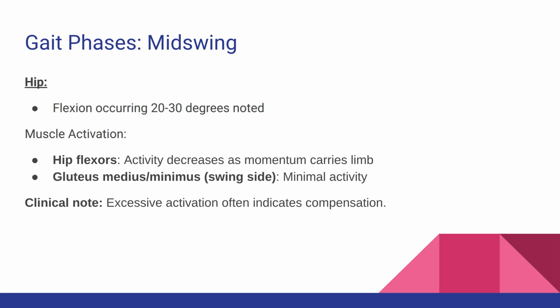There's minimal activity from the hip abductors and extensors during this phase under normal conditions. Clinical pearl: excessive muscle activity during mid-swing often indicates compensation for earlier deficits, such as inadequate hip flexor strength or poor swing initiation.